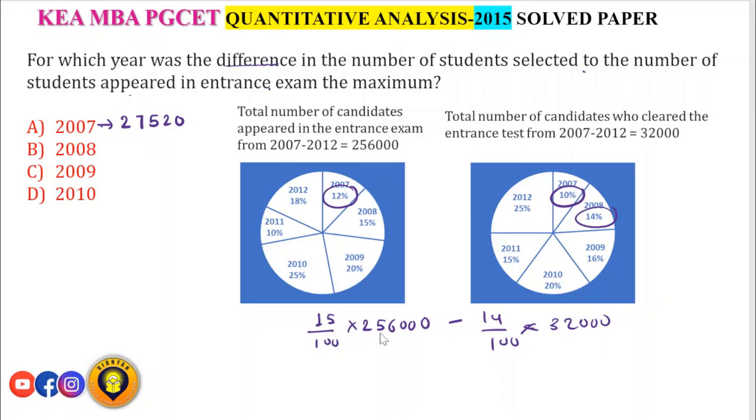So 15% means 10% value, you know. 10% means one decimal will shift to the left, so it will become 25,600. 5% means half of this value, which is 12800. So this will become 15%, that is equal to 38,400.